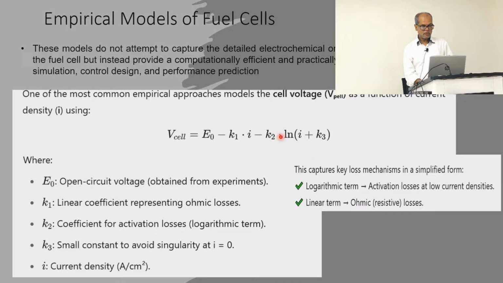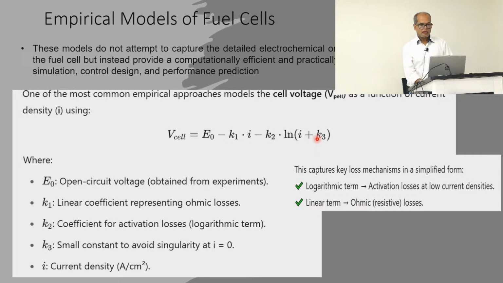So, you need to have some logarithmic term in your characteristic equation, and here we have one that is relevant to the current, but the other one is a small constant, because sometimes if you have 0 here, you might have a singularity problem. That is why we use a small constant to avoid that singularity problem.